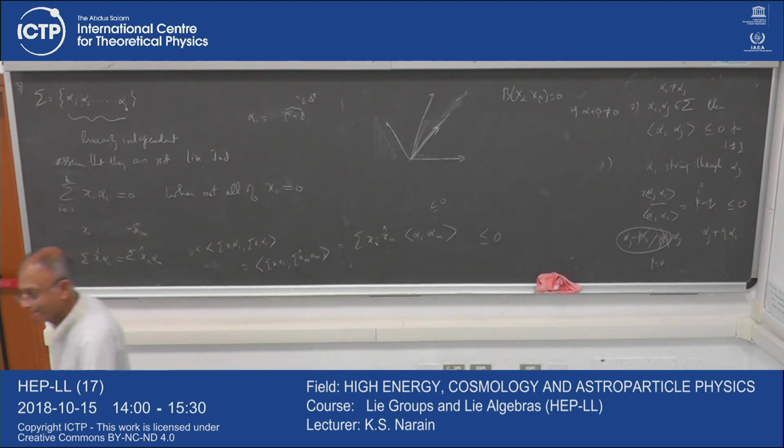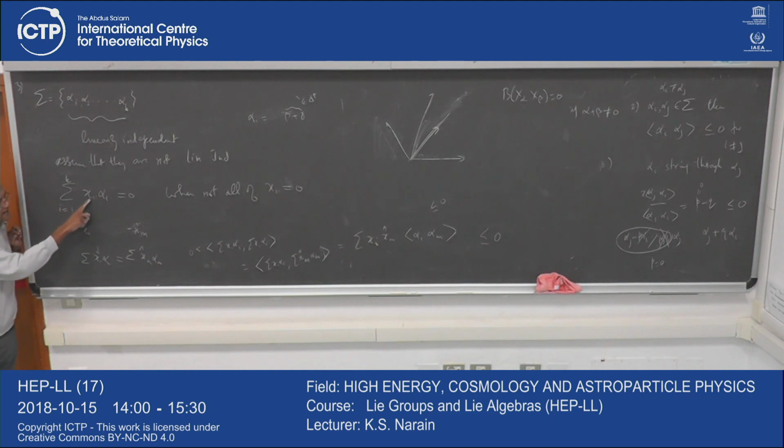Could we say that when we write them that way, we could express one of the simple positive roots as a sum of other roots? No, we are not saying that. Take for example, suppose only x1 is positive and everything else negative.